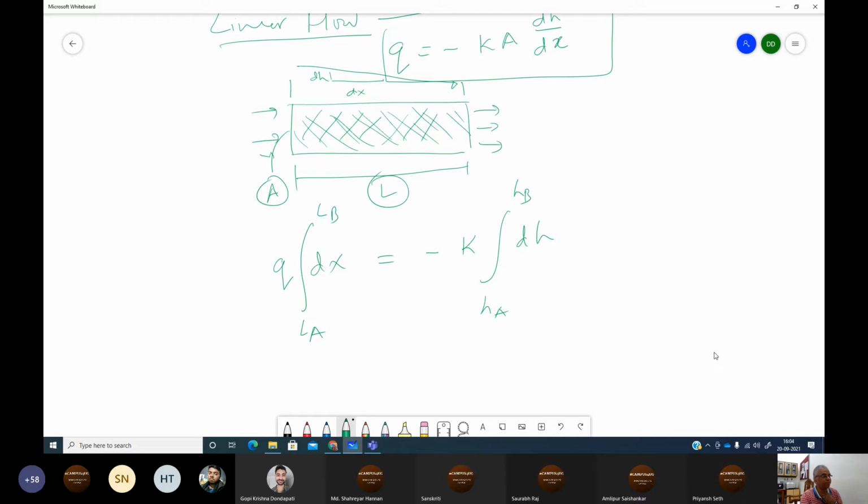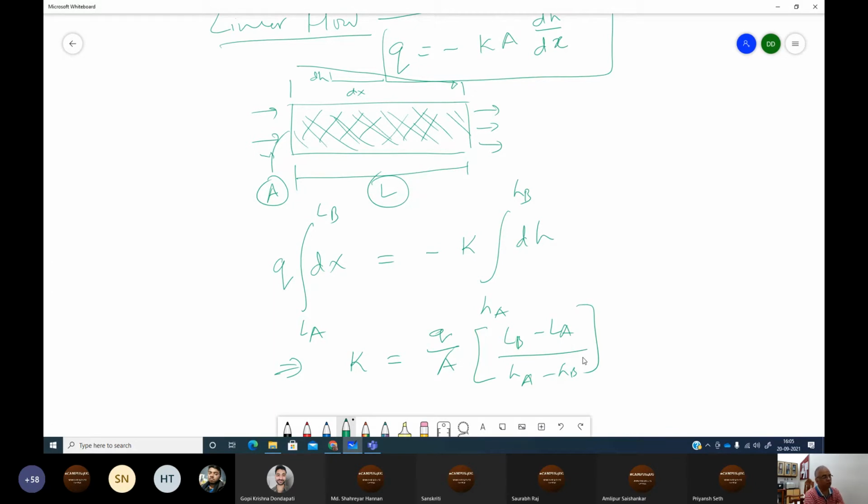And if you do that, you will find K is Q by A, LB minus LA by HA minus HB. So this is what we call hydraulic conductivity.